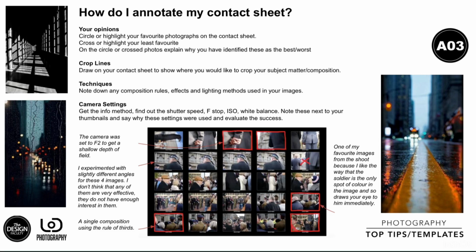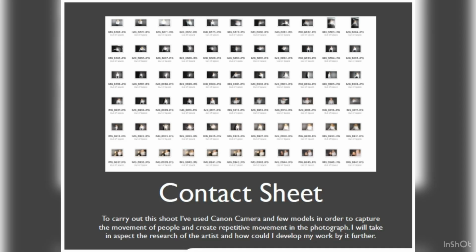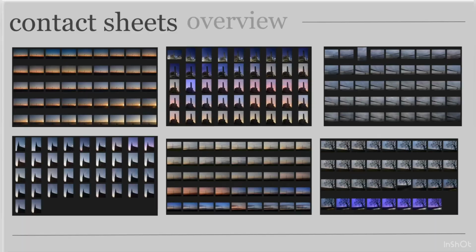Once students have completed their shoot, they then need to annotate and complete a contact sheet. There is lots of support material for this in Shelby. This current one is a poor example, as it is not annotated and the images are too small, so it's not very informative.